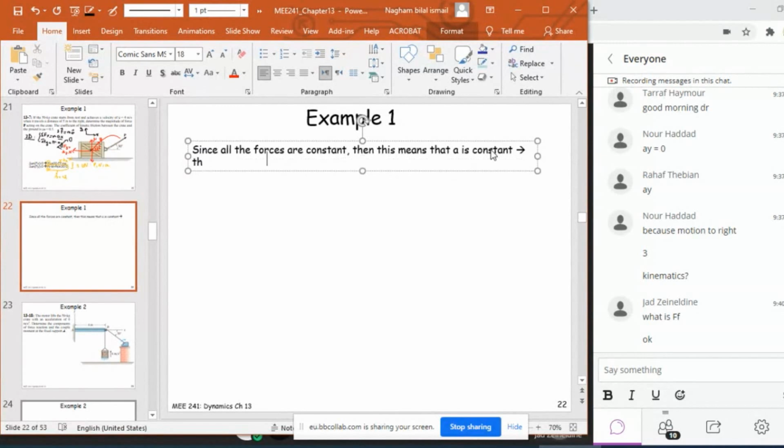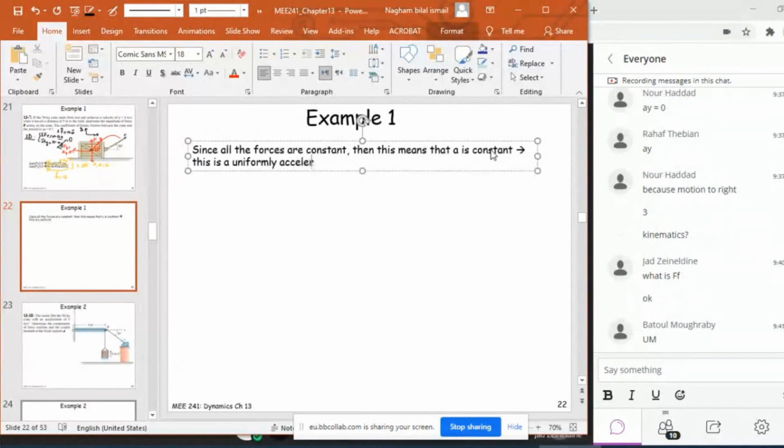This means that this is a uniformly accelerated motion. So I can apply the equations of kinematics for this type of motion, right? What do you think is the best equation?